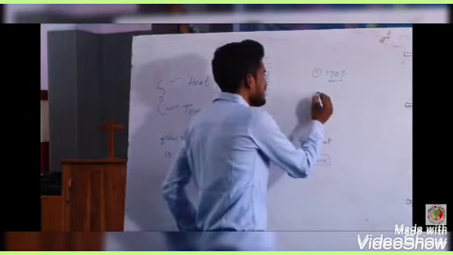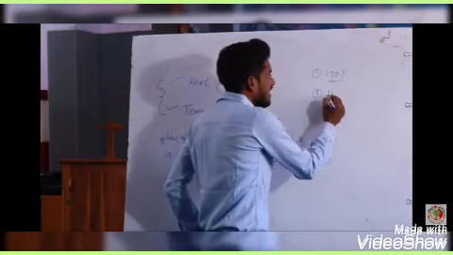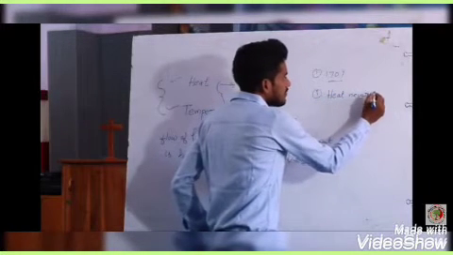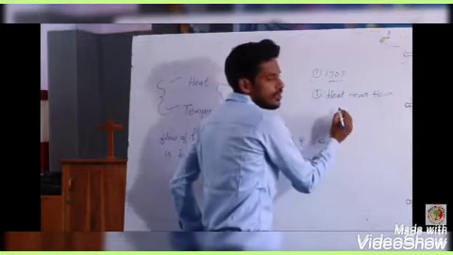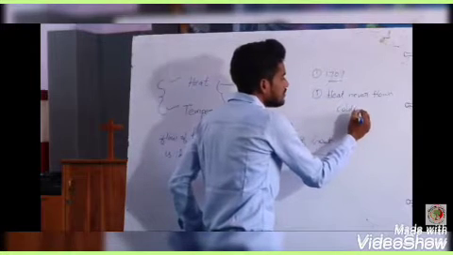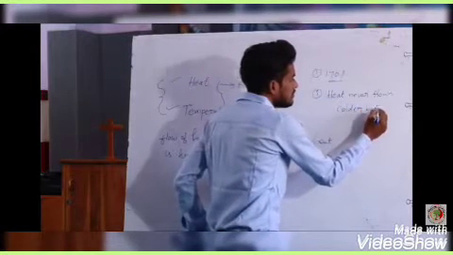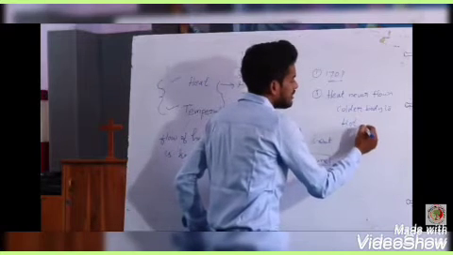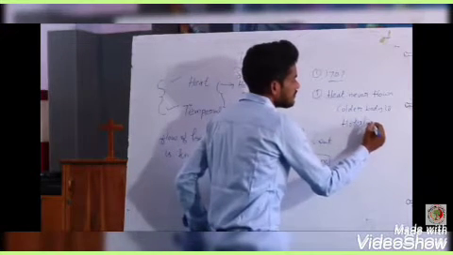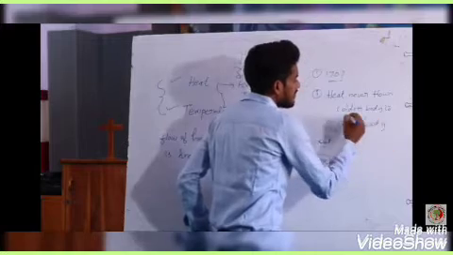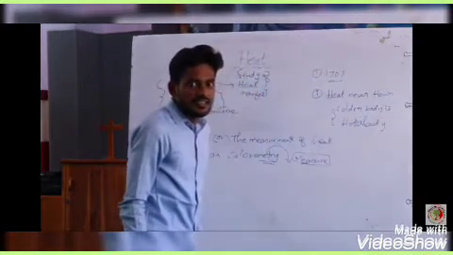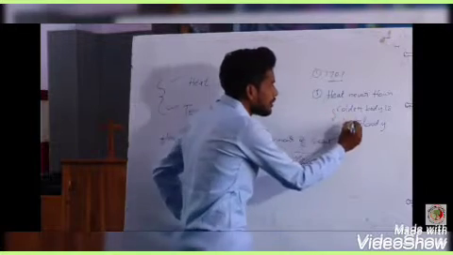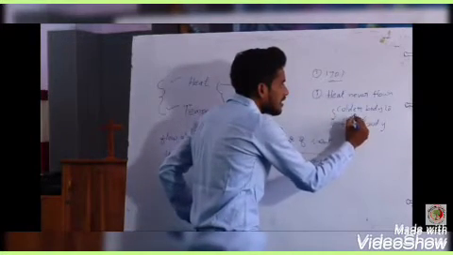One is, heat never flows from a colder body to a hotter body. That means vice versa, heat always flows from a hotter body to a colder body. This is the conclusion.